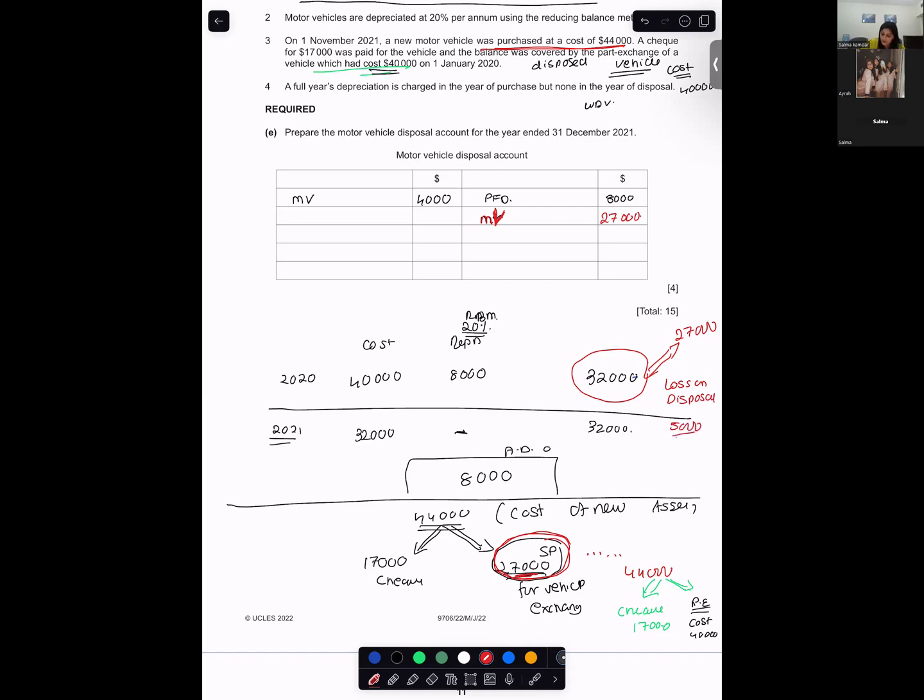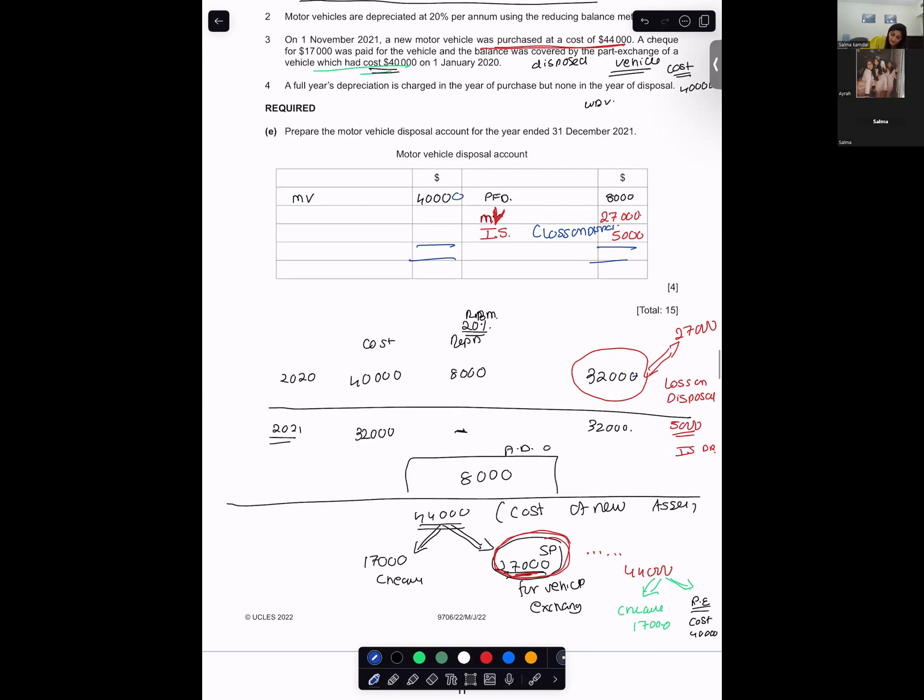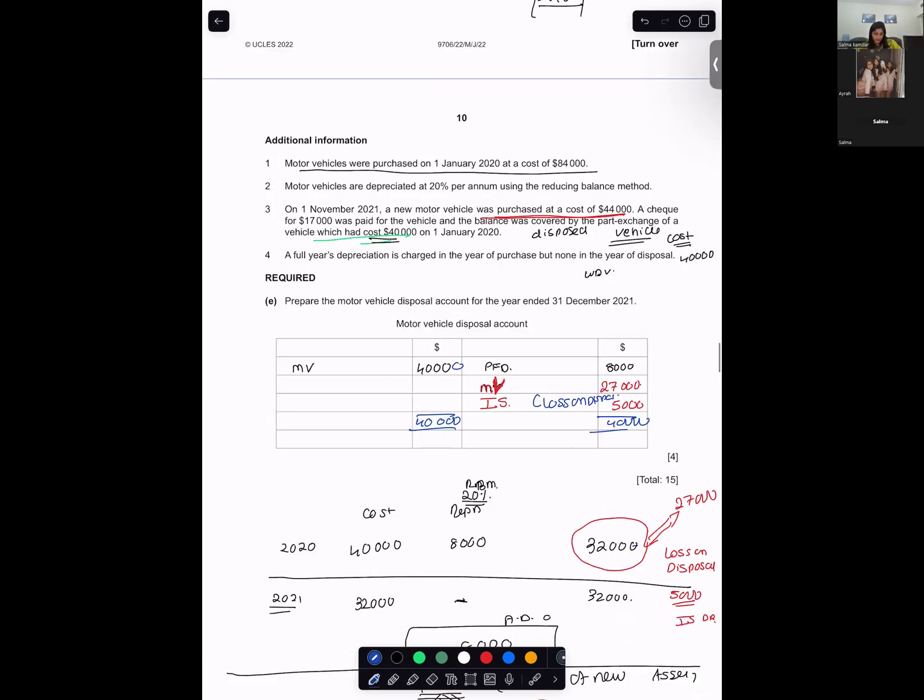If I'm getting a loss on disposal, the income statement will be debited and the motor vehicle disposal account will be credited. This is the loss on disposal. So it should be 40,000. Please check. I'll wait for you.